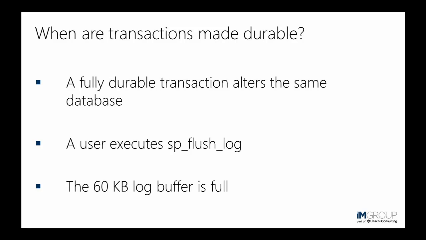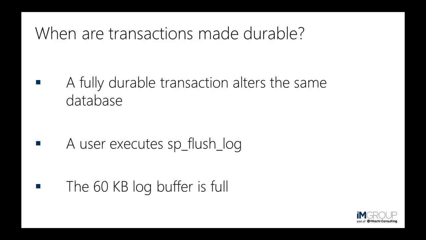So, I mentioned near the beginning that when a transaction has delayed durability, it is written to a buffer rather than directly to disk. However, at some point, we clearly need to write this to our transaction log. So this can occur in three different ways. The first occurrence is a fully durable transaction that alters the same database.